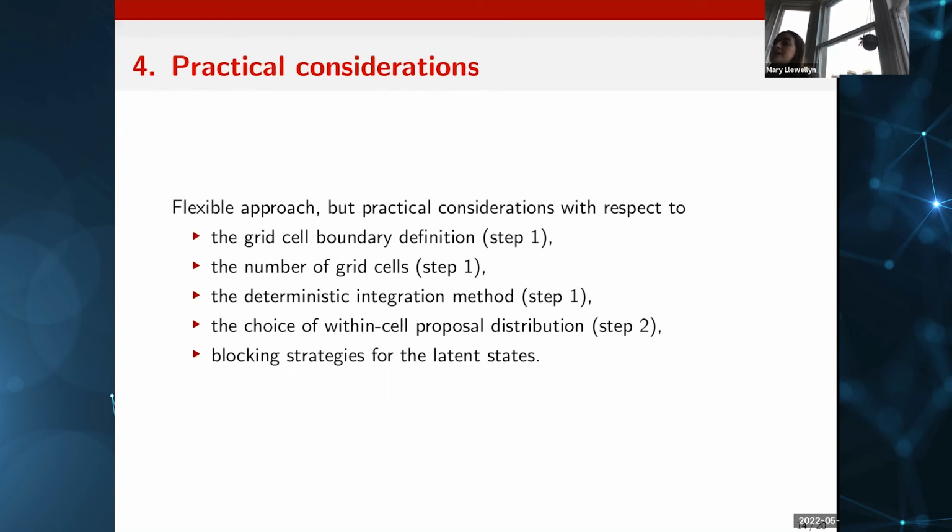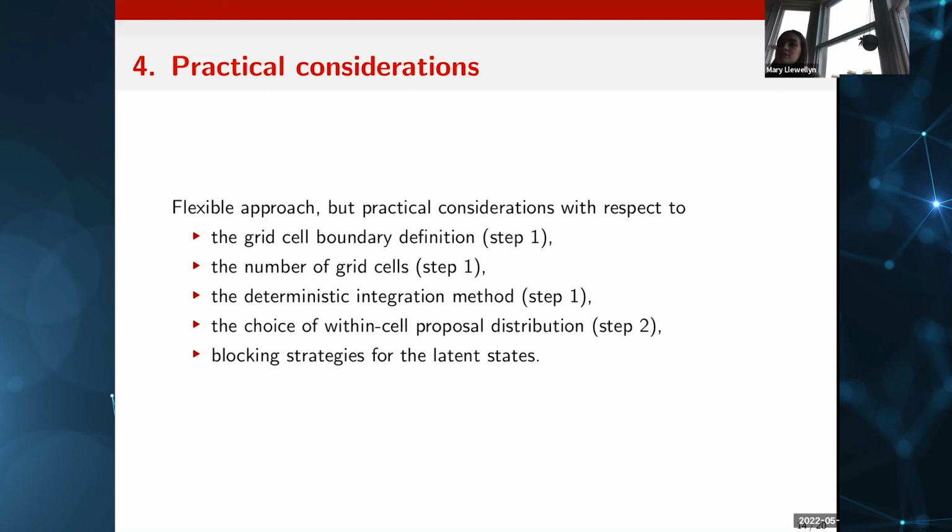And most probably that will give better mixing in the Metropolis-Hastings algorithm in the samples that we've got. But that comes at an extra computational cost. So it might actually be more efficient to use fewer grid cells. And that's a key theme that I'll touch on quickly in a second.